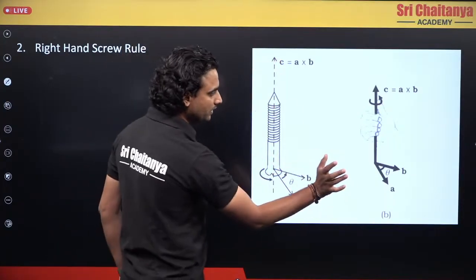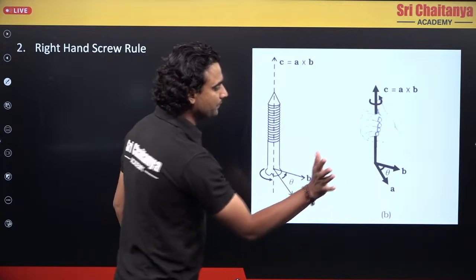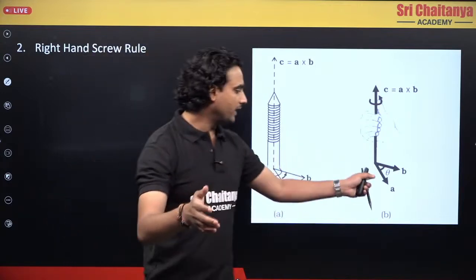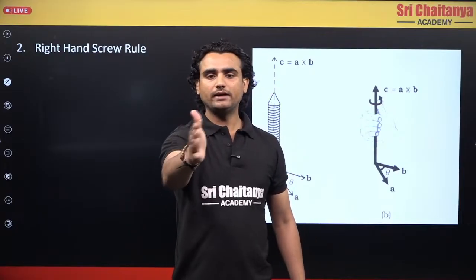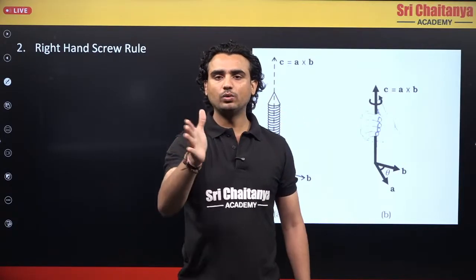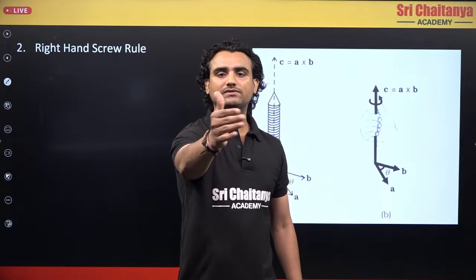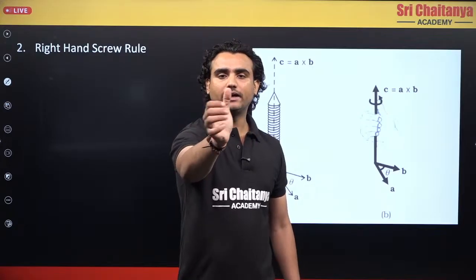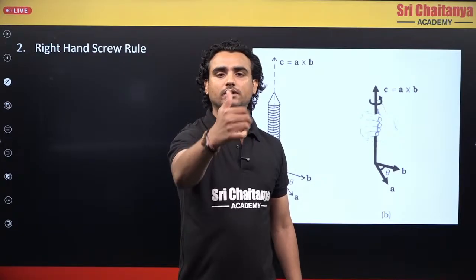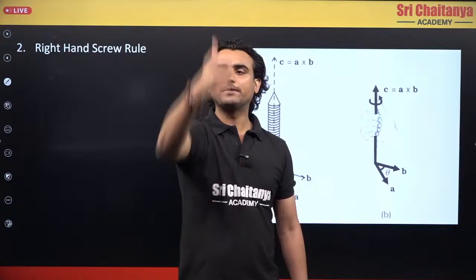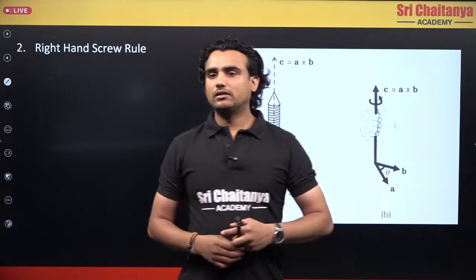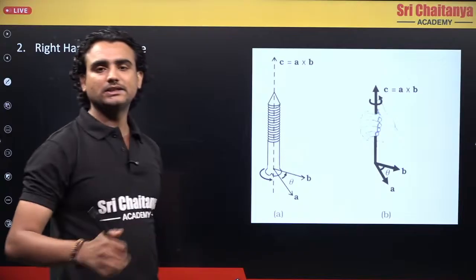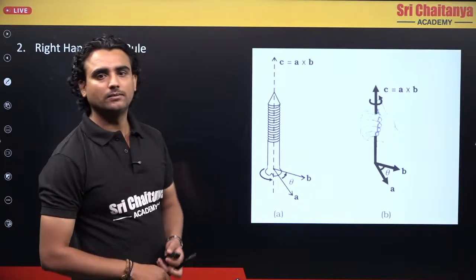Similarly, if the vector a is pointing towards you and the vector b is somewhere here, then for vector a cross vector b, I curl my hand towards it, and the direction of the vector is given by the thumb's direction. So this is my right hand screw rule. Basically both are the same thing.